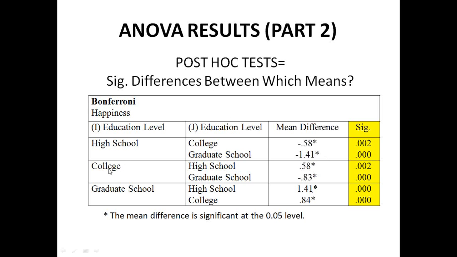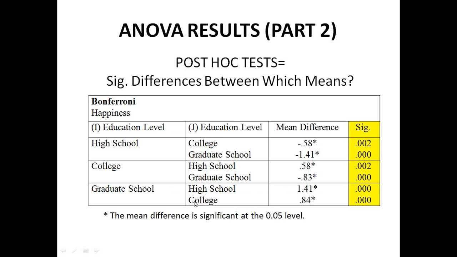And then we see for college, our second category, college, in reference to high school, they're 0.58 higher, the same as the first finding. And then for graduate school, college, in reference to graduate school, is 0.83 lower. These are all reflexive. And then graduate school, in reference to high school, is 1.41 higher.